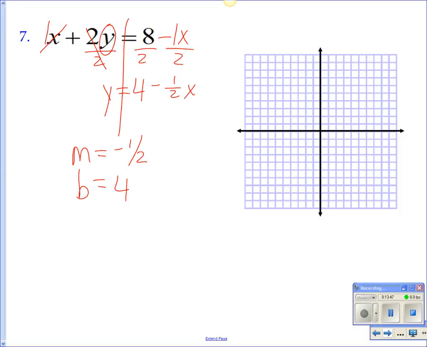Tamara, which one's my starting value? 4. So I put a point right here. Put a point at 4. Always put it on the Y. And then, Daniel, how do I do -1/2? Good. Down 1 and over 2.